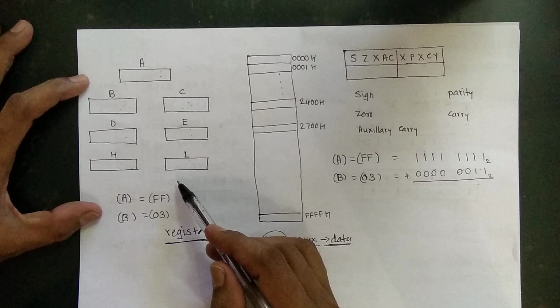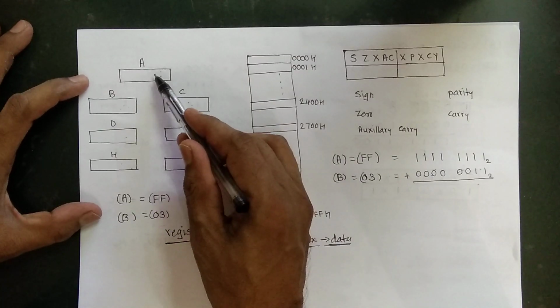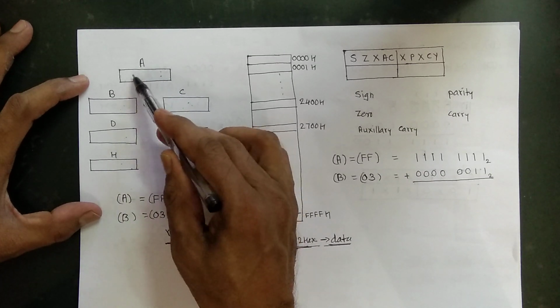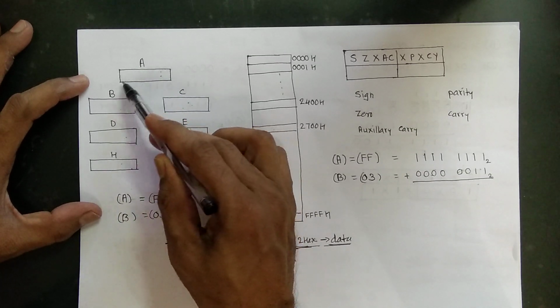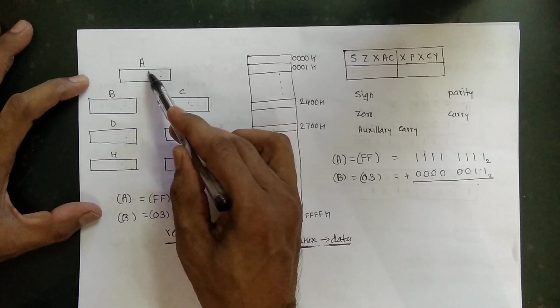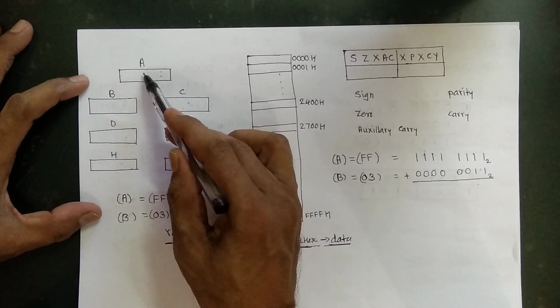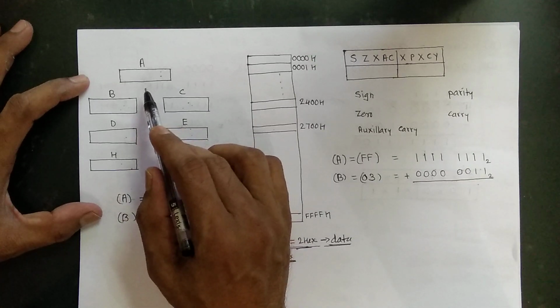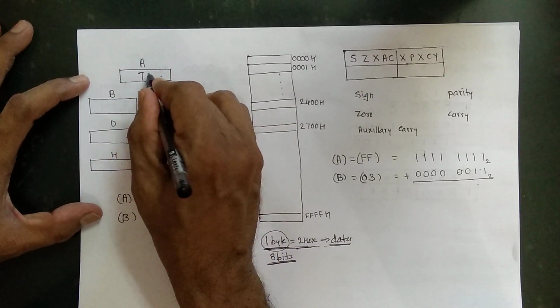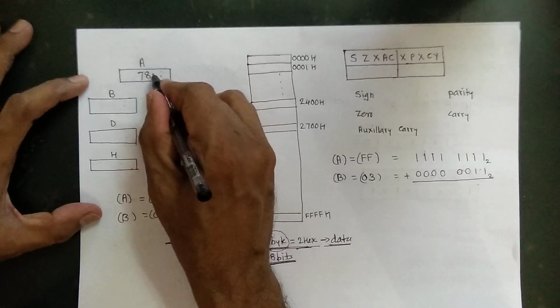When I use the word transferred, the number is not physically moved from that register to register B. The number is copied. Suppose in register A the number 78 is there in hexadecimal form.